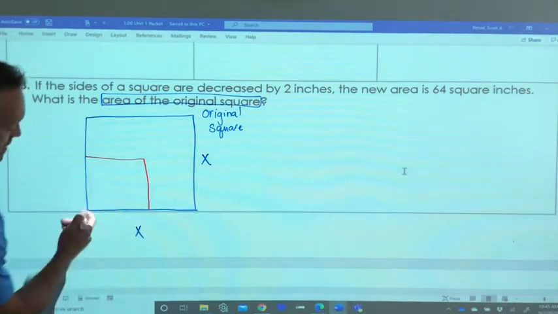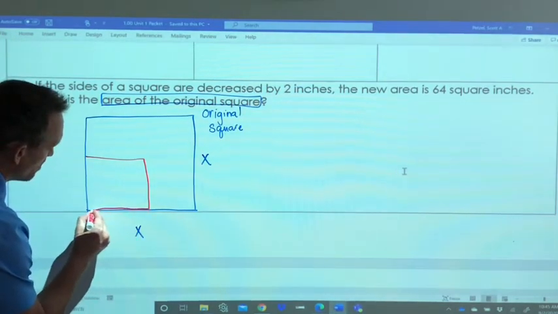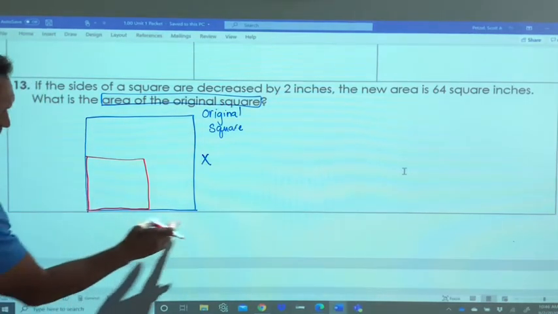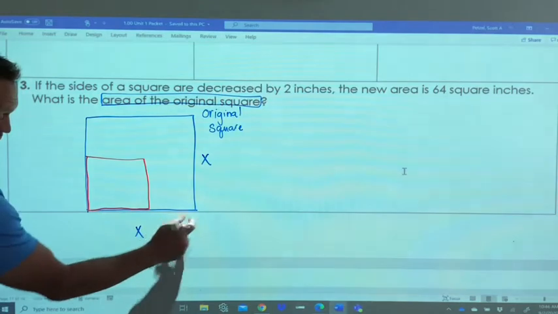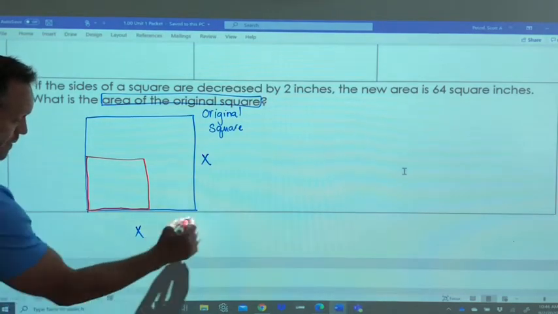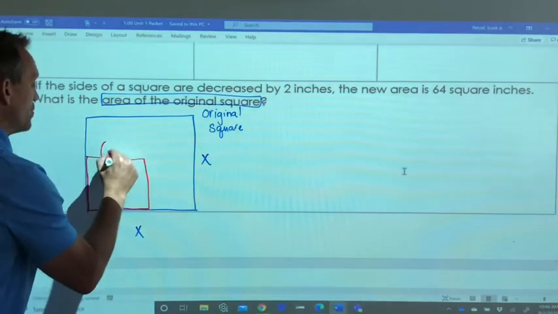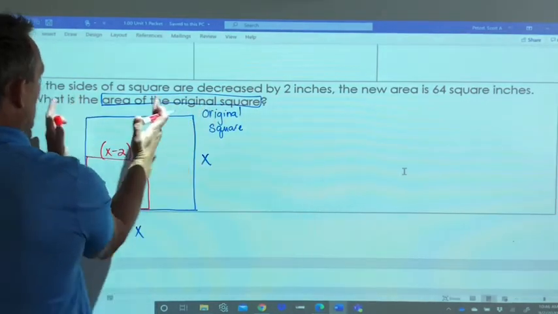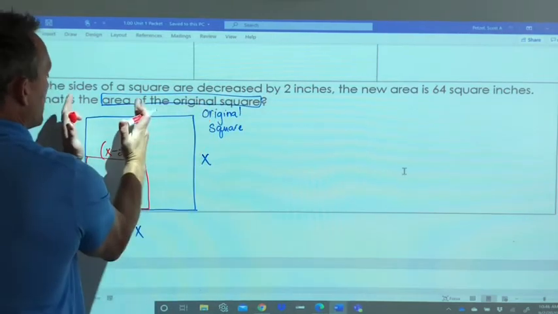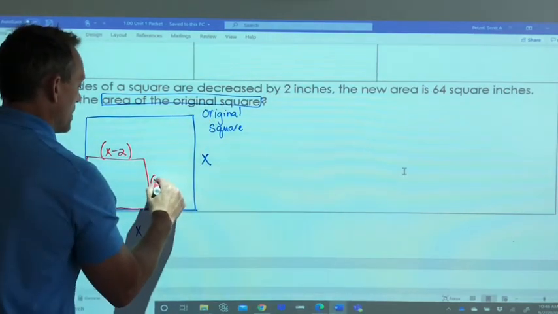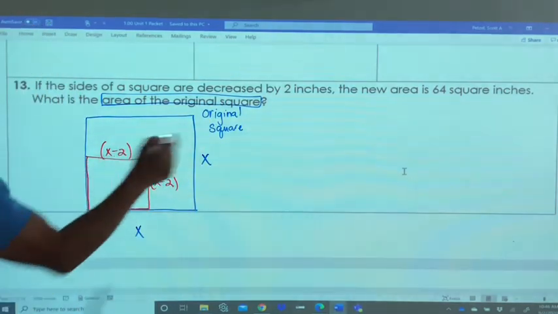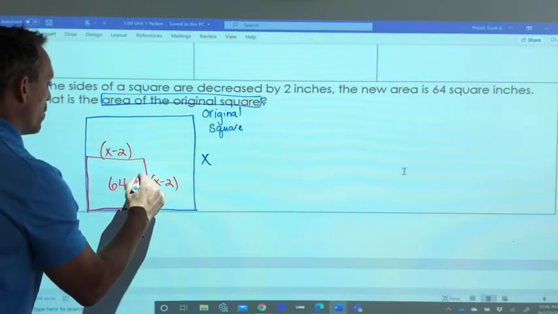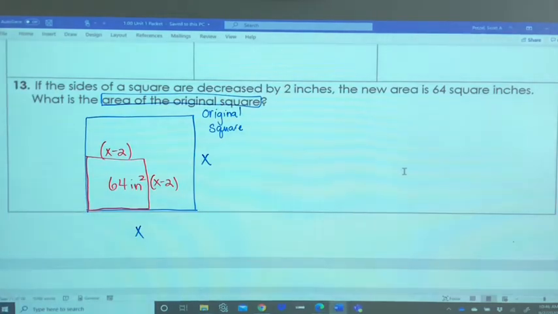So this new box right there, if you will, is technically x, which is the whole thing, minus 2. Because it's x minus 2, which means this is x minus 2. And then it tells me that this whole little red square is 64 squared inches.